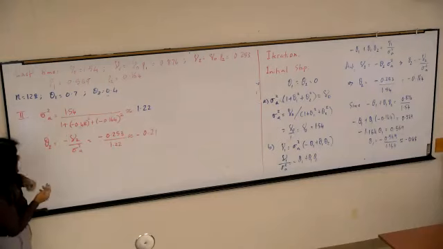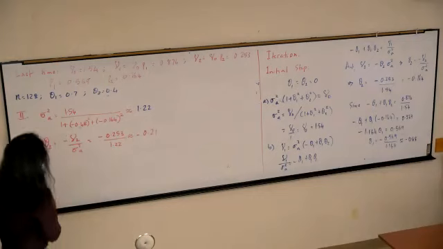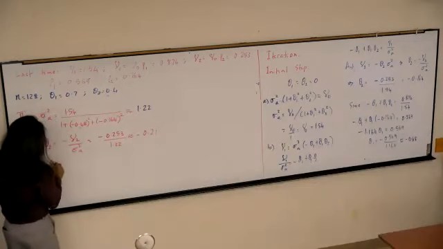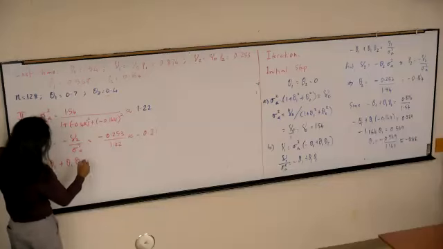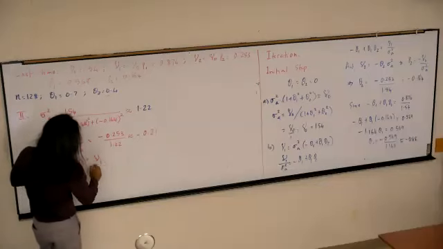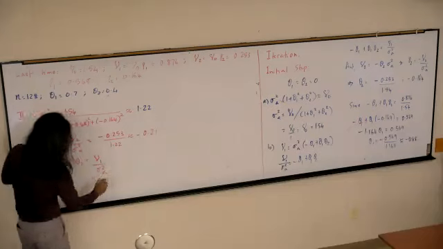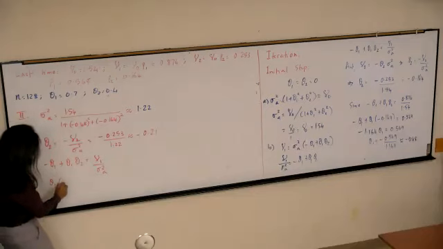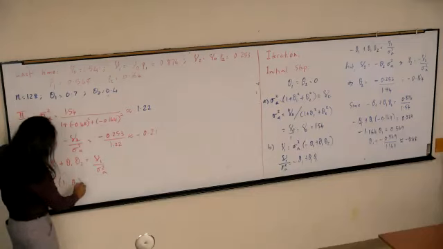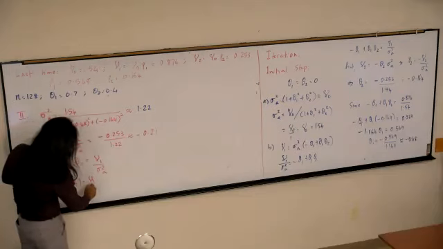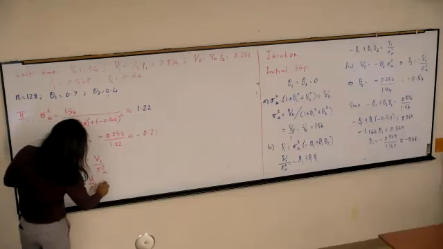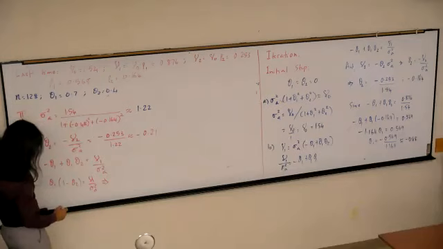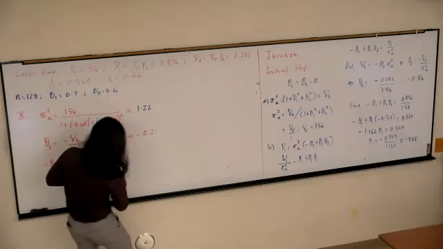Onward, we have negative theta 1 plus theta 1 theta 2 equals gamma 1 over sigma squared A. Let's go ahead and simplify this. Theta 1 times 1 minus theta 2 equals gamma 1 over sigma squared A.